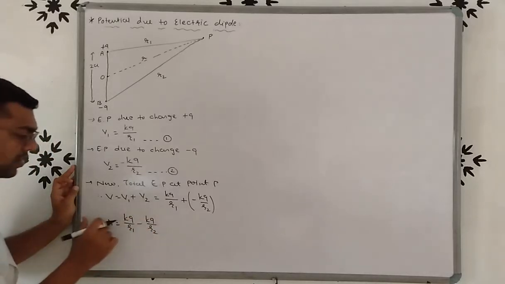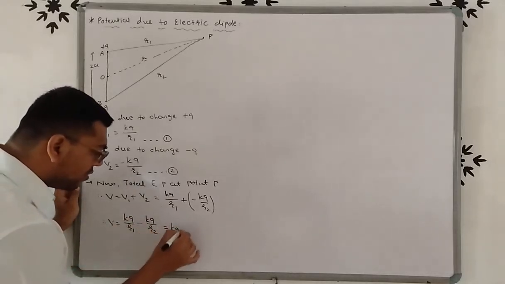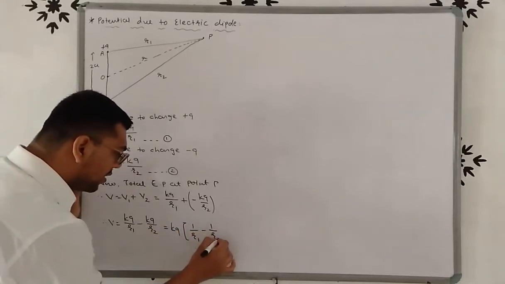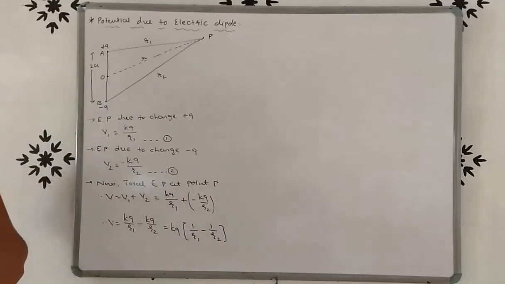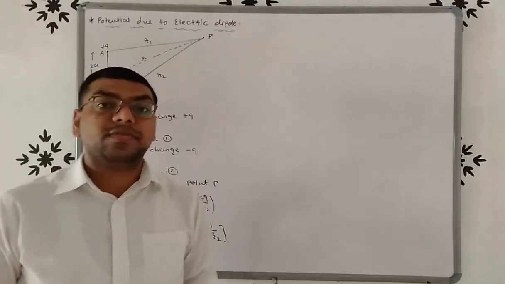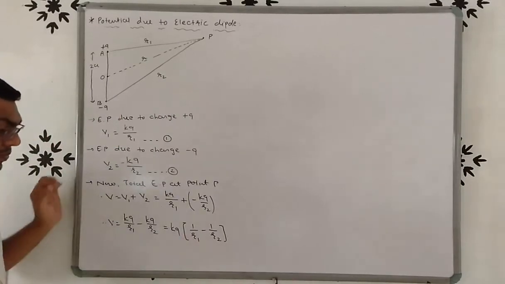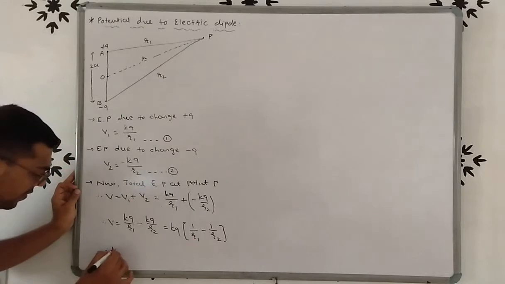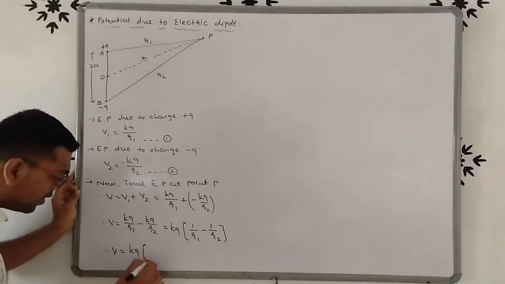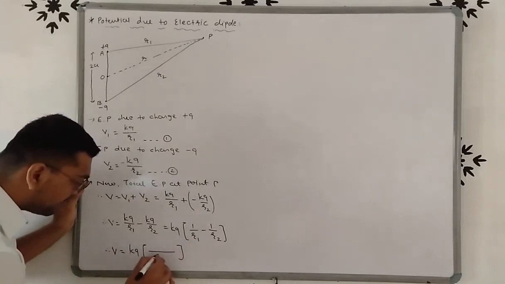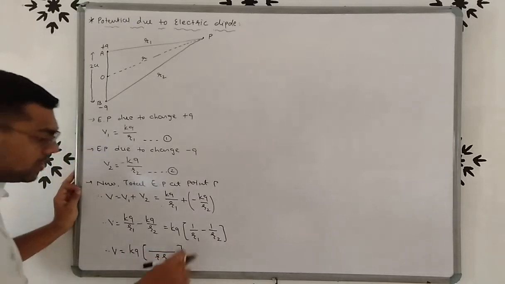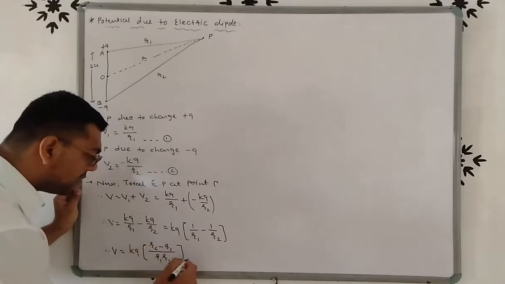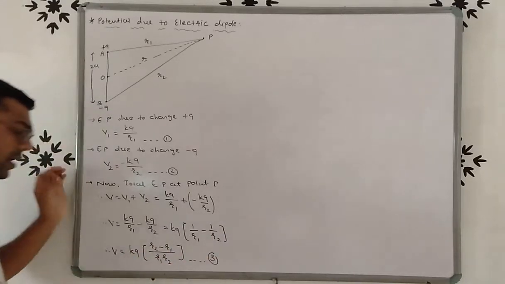Here we take kq common, so 1 upon R1 minus 1 upon R2. Taking the LCM of R1 and R2, we get V is equal to kq times R2 minus R1 upon R1 R2, that is equation number 3.